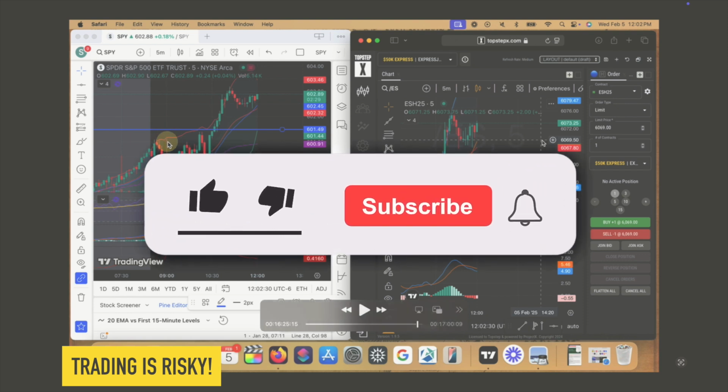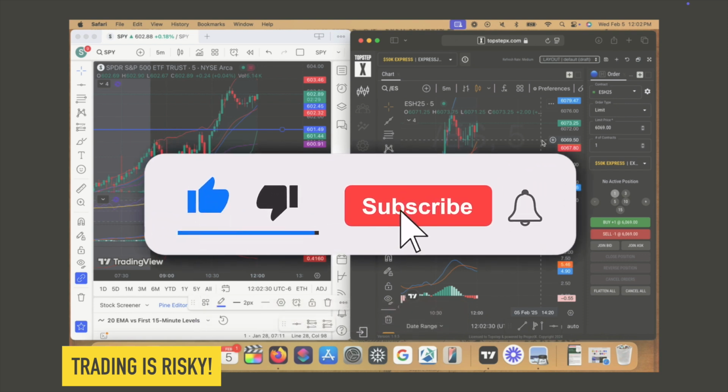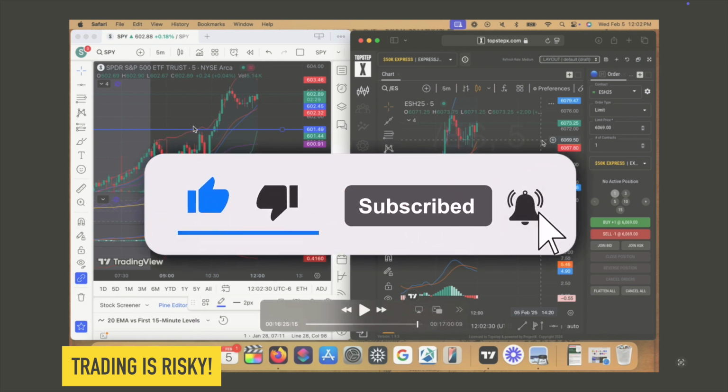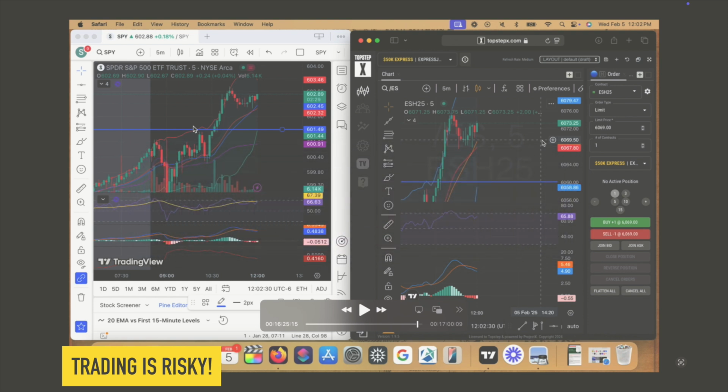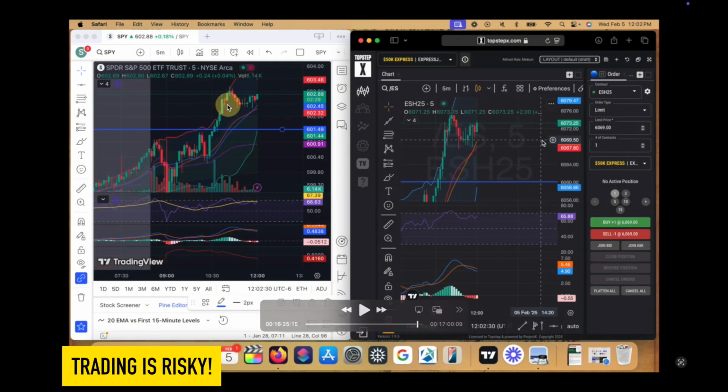So just to recap, I define my trade zone using the first 15-minute range. I'm going to wait for that EMA to clear, and then I'm going to enter on the first opposing candle, or I should say, a first opposing candle that doesn't drop the ATR back into the range. So that's going to be up here. And then from there, I create where I'm going to exit, right?